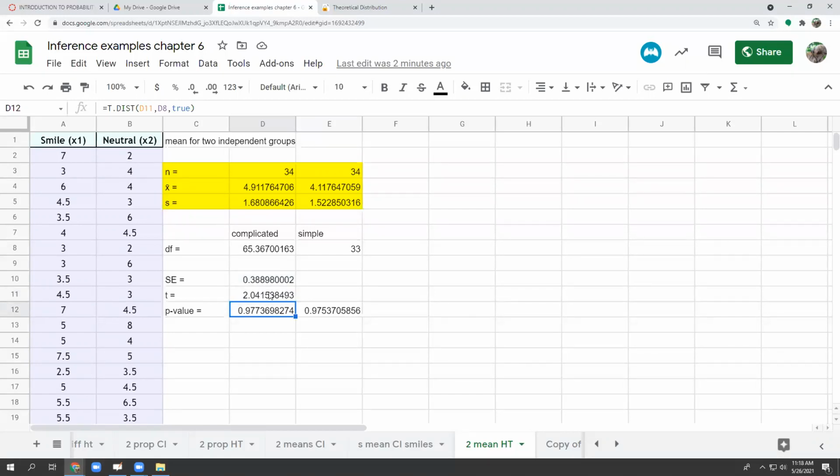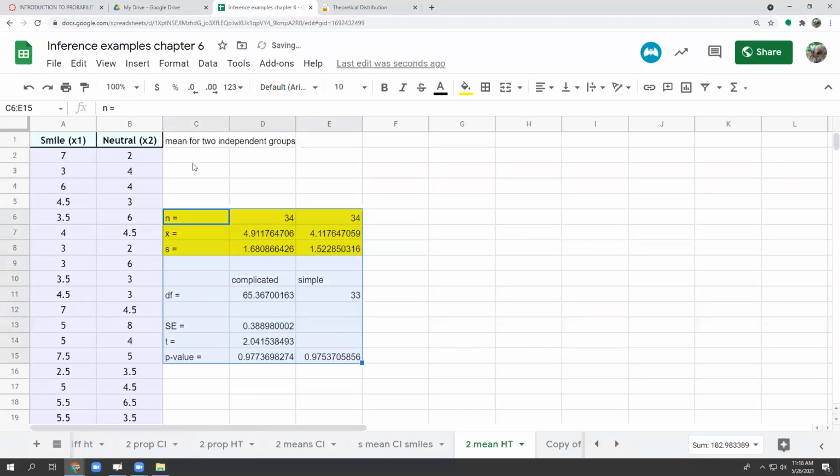P-value, oops, I forgot my hypotheses. Let's put those in there. H0 is that there's no difference in means. So a bunch of ways I could write that. Let's see, the mu symbol would be nice.